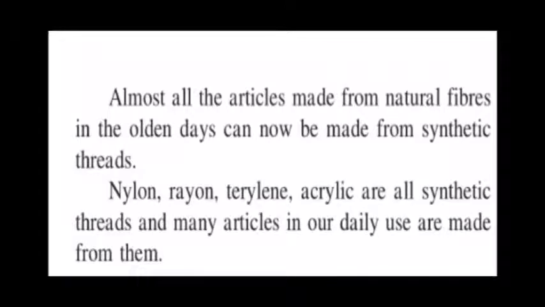Almost all the articles made from natural fibers in the olden days can now be made from synthetic threads. That's the quality of man-made inventions. Nylon, rayon, terylene, acrylic are all synthetic threads, and many articles in our daily use are made from them.